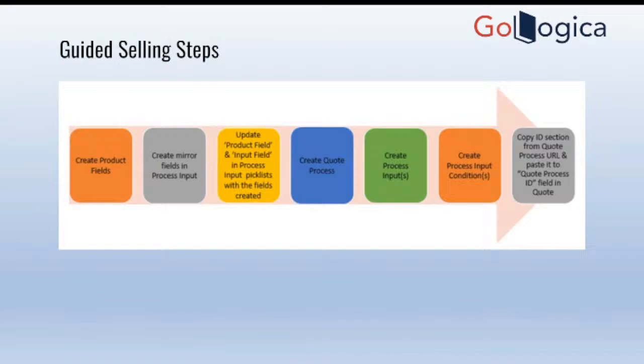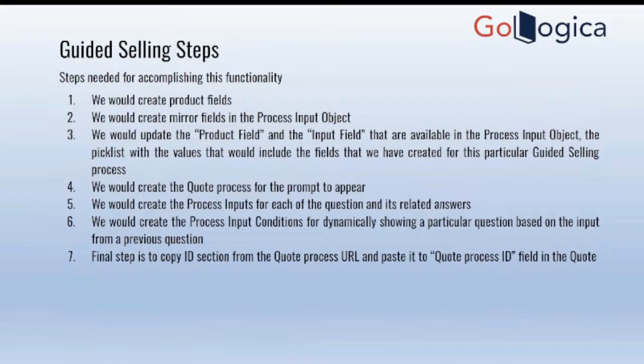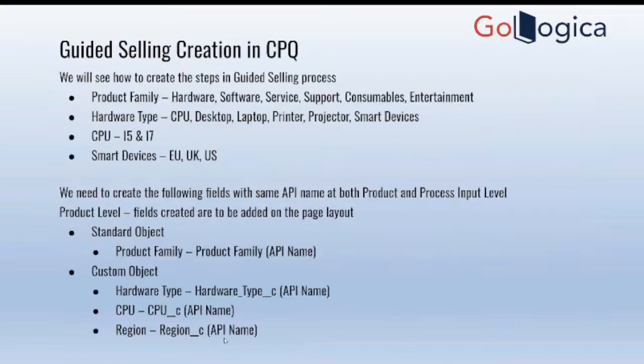If we do not update the ID, our code guided selling process will not work. So now we will see how it needs to be done, how we need to create the guided selling in CPQ.